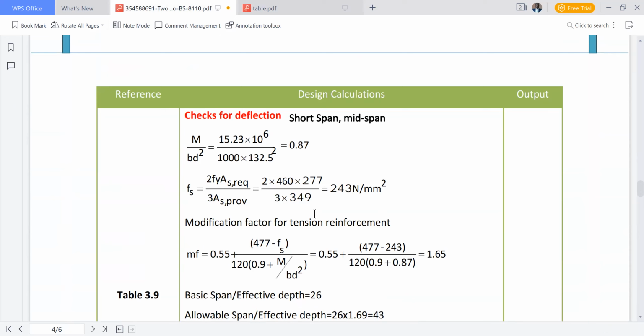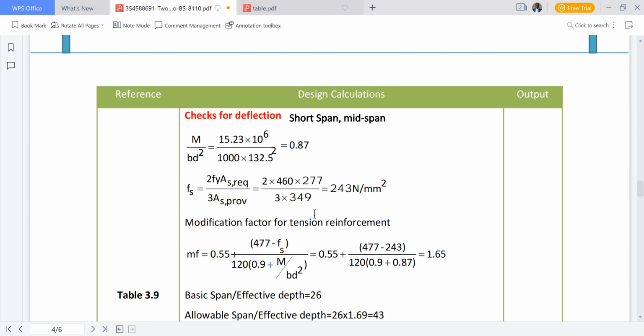When we talk about deflection, deflection will only occur at the mid-span, the free hanging part. But when we are checking for the shear force, it will occur at the support. So we only consider the support or continuous edge. Where we have continuous edge, it means there is a support there, so we shall have a shear force.